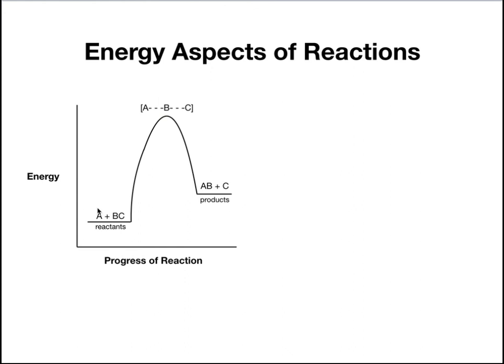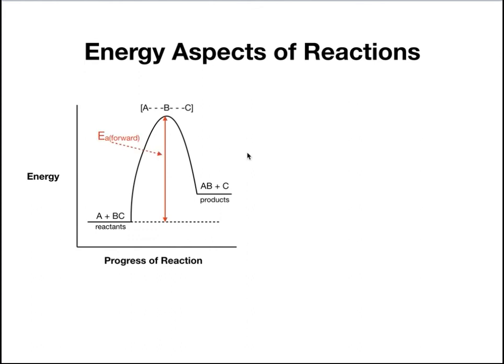Now, let's take a slightly different looking curve. Okay. So if the curve looks like this, now what's the difference here? Well, here the reactants have a lower energy than the products. Okay. We still define everything in the same manner as we did earlier, okay? So the amount of energy it takes to get to the top of the hill, so to speak, that's going to be indicated with the red arrow.